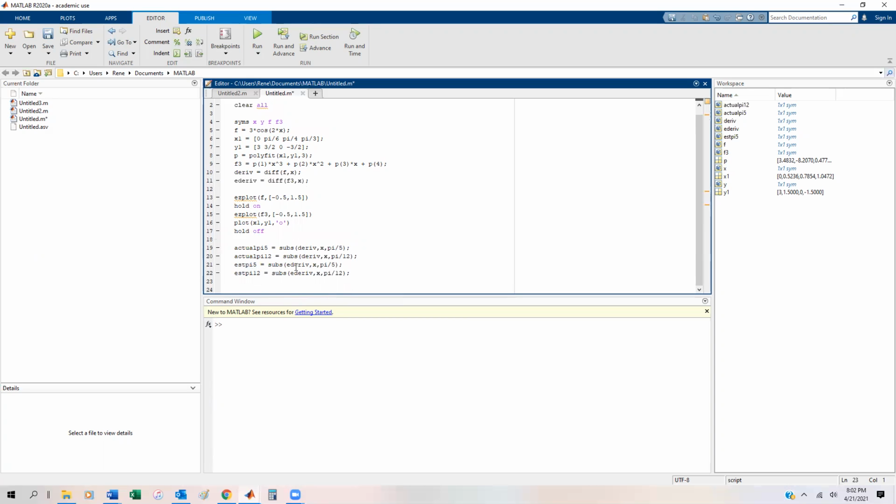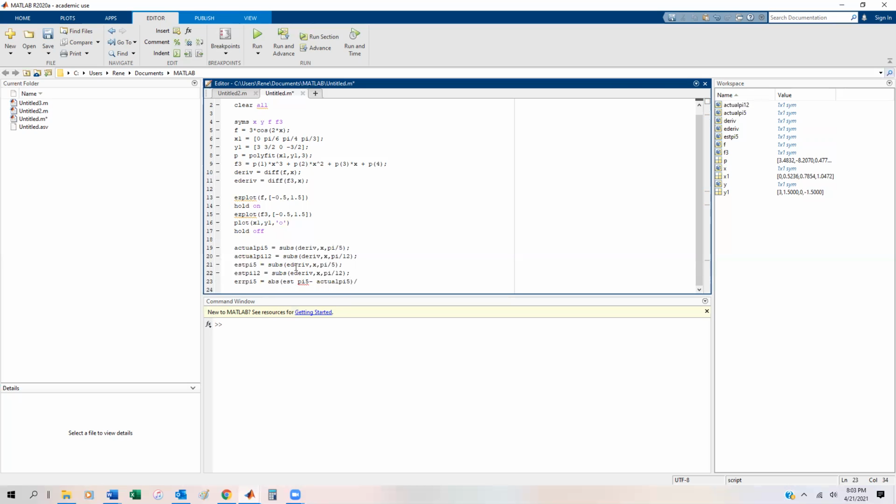So let's call this error pi 5, which is going to be equal to the absolute value of our actual pi 5, or I'm sorry, the estimate pi 5 minus the actual pi 5.